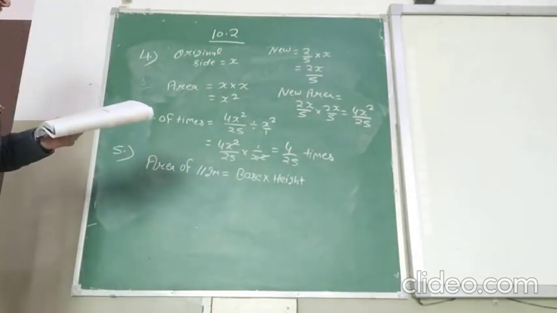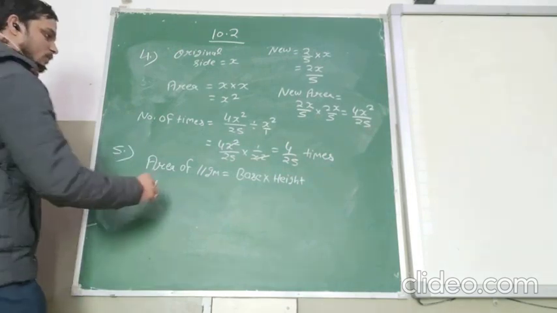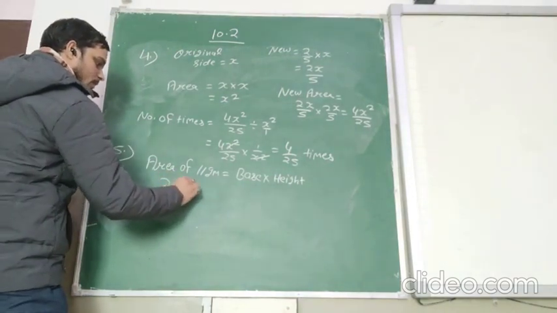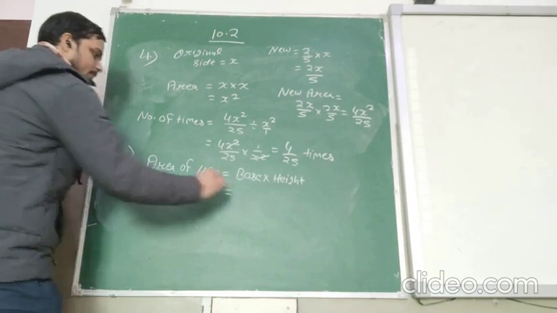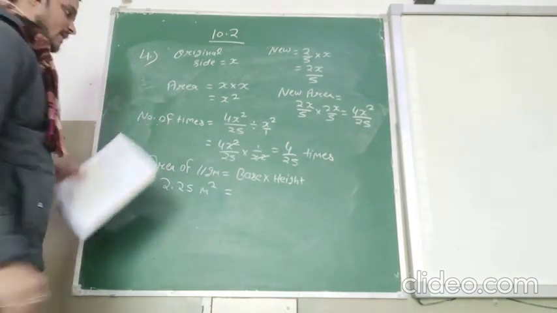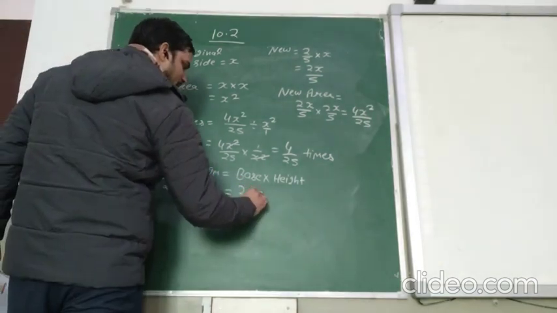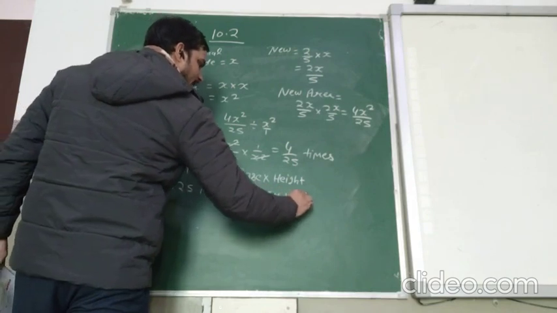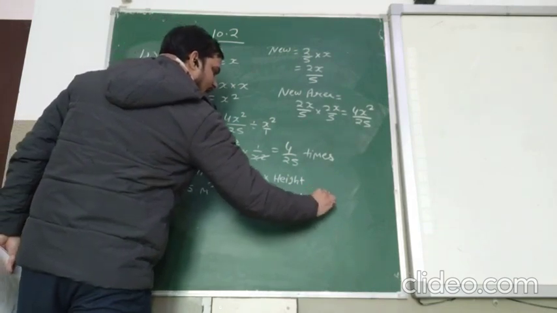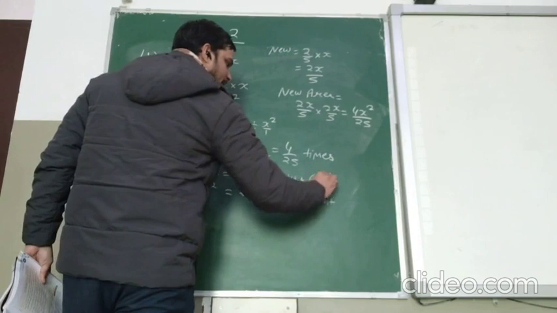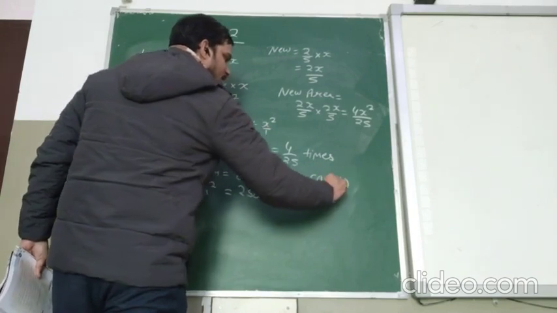Now question has given area 2.25 meter square and base is 250 centimeter and they want to know height. Height is called altitude. I can write in the bracket, this is altitude.